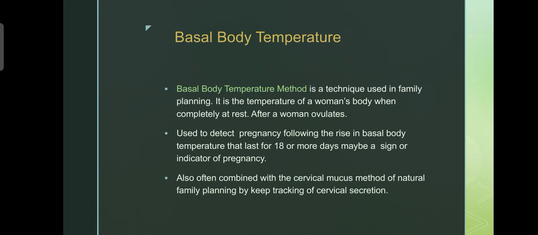It is often combined with the cervical mucus method of natural family planning by keeping track of cervical secretions. So basal body temperature is the temperature when a woman is completely at rest, or before getting out of bed in the morning.